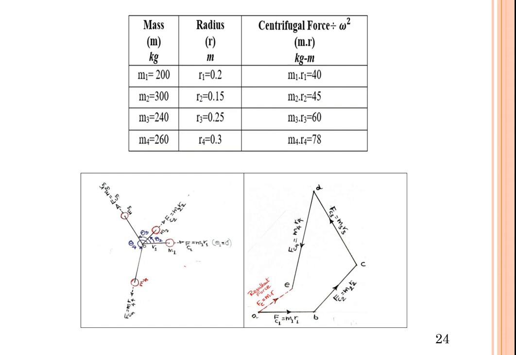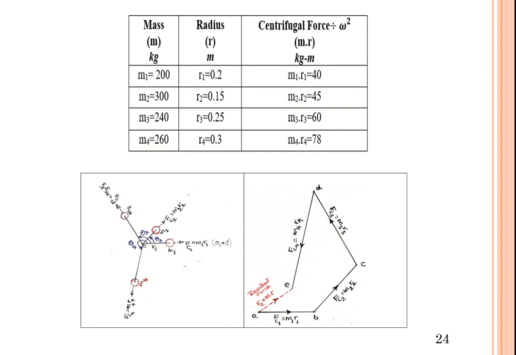Mass and radius are given, and you compute the centrifugal force M1 into R1, M2 into R2, M3 into R3, M4 into R4. The corresponding values are 40, 45, 60 and 78. Their positions are written, a suitable scale is selected, and you draw based on the inclination.